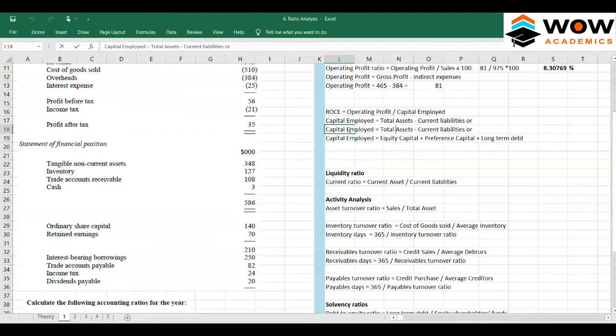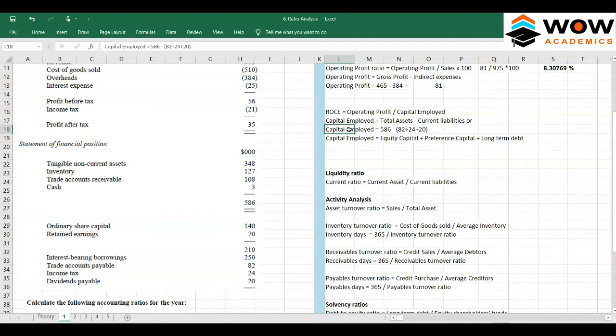So we'll find out in this manner. Total assets is 586 minus current liabilities. We have a list itself: 82 plus 24 plus 20. All these things are current liabilities.